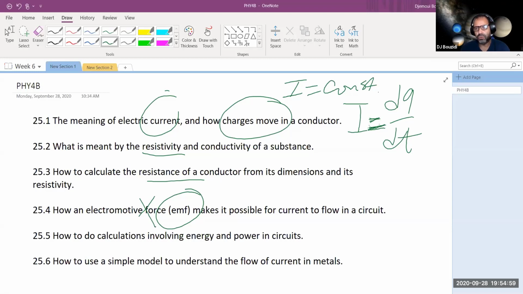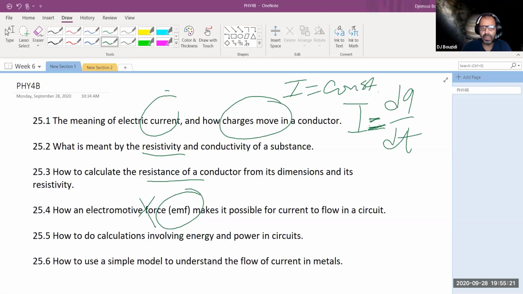So a battery that you buy from the store of 1.5 volts, that is its electromotive force. The electromotive force is how much energy is needed to move 1 coulomb. So it's a volt.